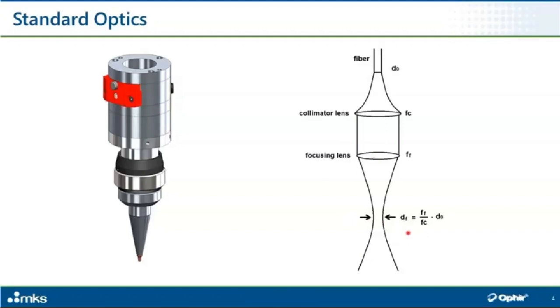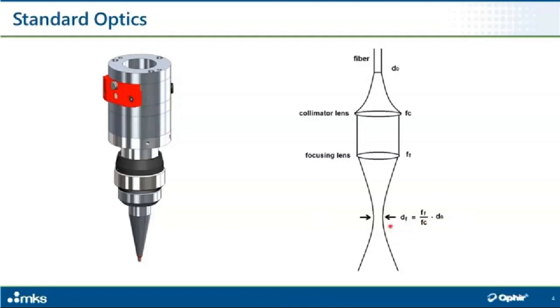The diameter of the laser spot size is denoted by DF and is calculated by the ratio of the focusing lens focal length to the collimator lens focal length, multiplied by the fiber core diameter. As you know, if you want to cut different materials with different thicknesses, you need different spot sizes.